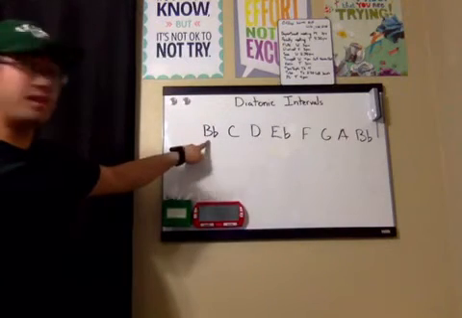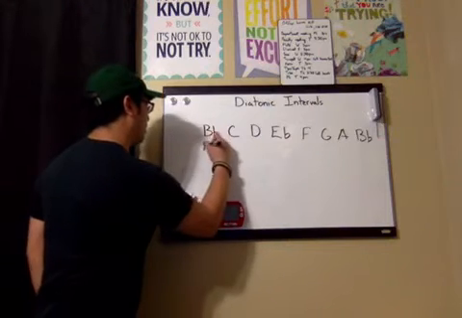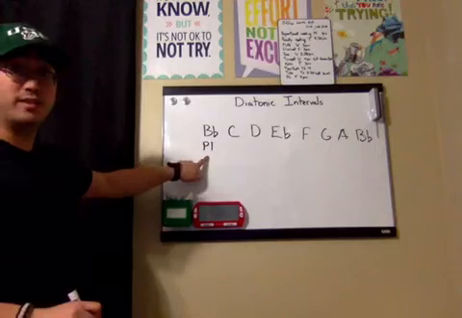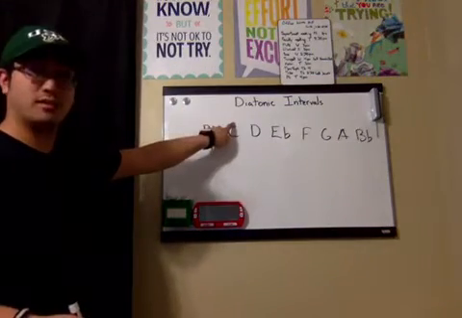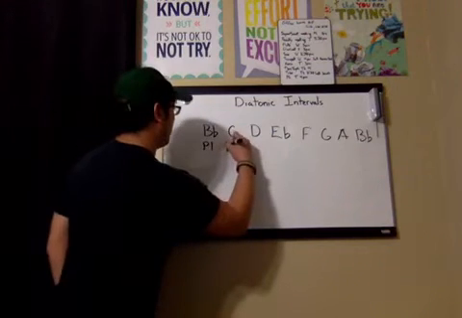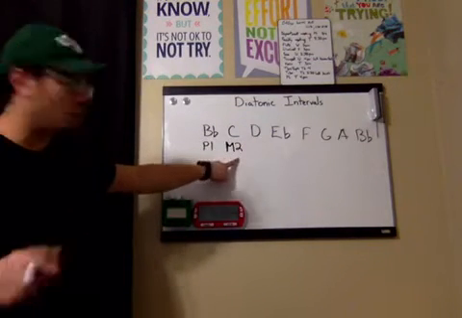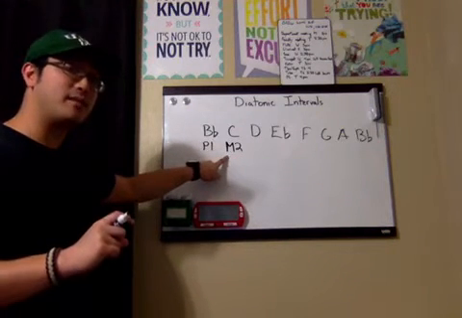The distance from this note to this note is P1, or a perfect unison. The distance from this note to this note is a major second. Remember, when you're writing major, the M has to be capitalized.